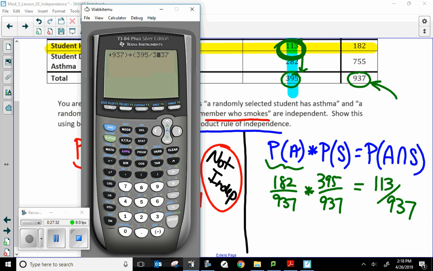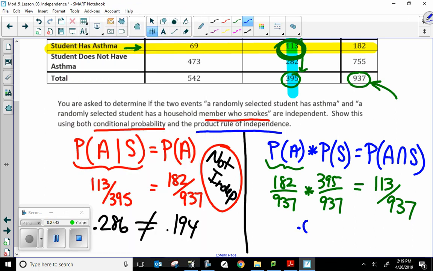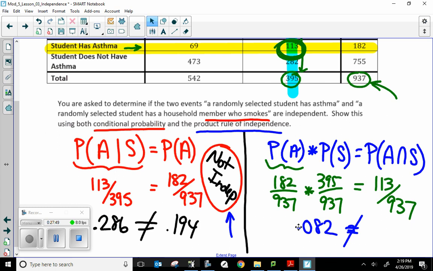A lot of mistakes to be made. Always when you're going fast, you got to look up in the calculator and make sure that's right. That should be 0.082, let's call that. Now, I know for a fact these two aren't going to be equal because we already did this. If I get 0.082, I'm going to have an issue here. We already did 113 out of 937. That was 0.194.